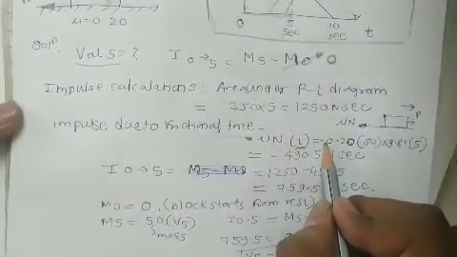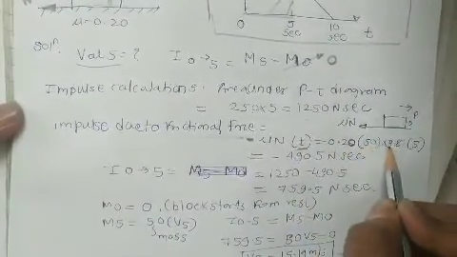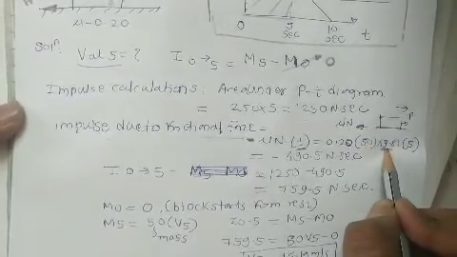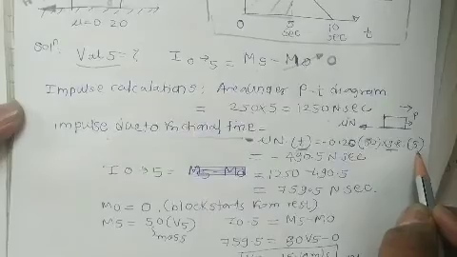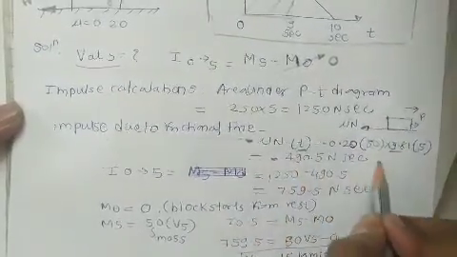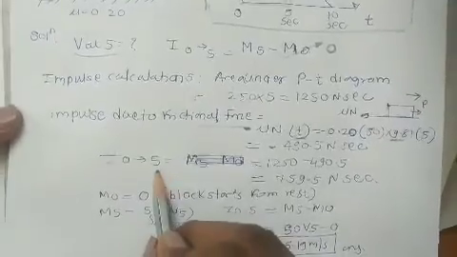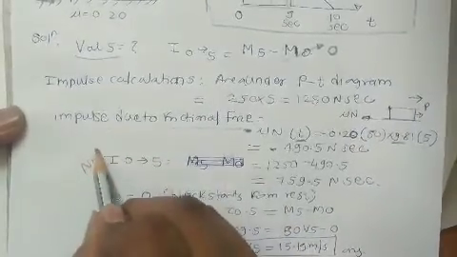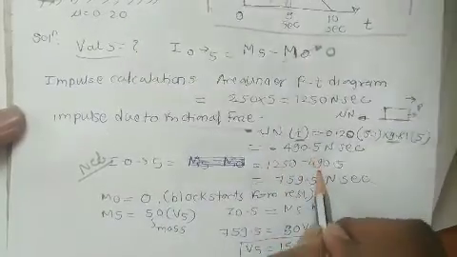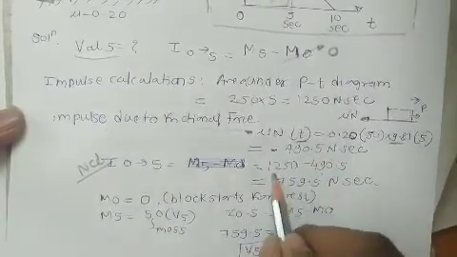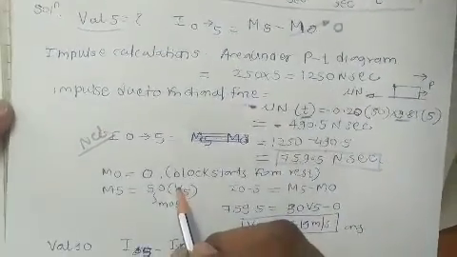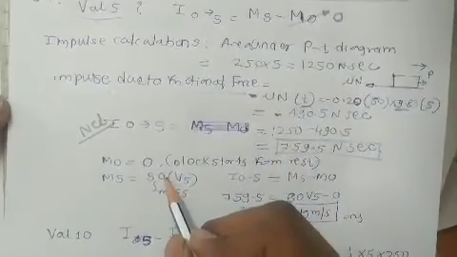That is equal to minus 0.2 into 50 into 9.81 into 5. 50 is the mass in kg, so I multiply by 9.81, and t is 5, which gives 490.5 newton seconds. The net impulse from 0 to 5 is 1250 minus 490.5, and we get 759.5 newton seconds.